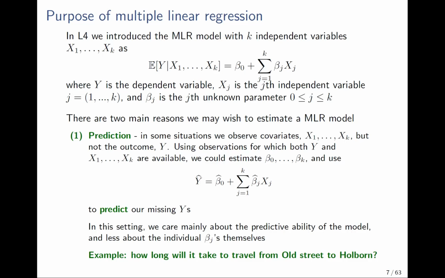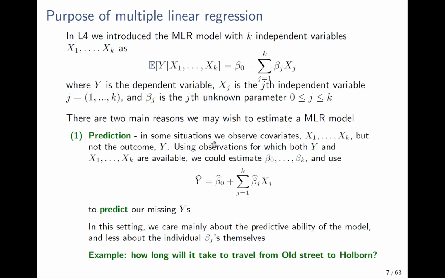Now, generally speaking, there are two reasons why we might want to estimate a multiple linear regression model. And in one of the textbooks for the course, called Introduction to Statistical Learning, this distinction is made quite well, so I encourage you to look at that. The first reason we might want to estimate a multiple linear regression model is for prediction.